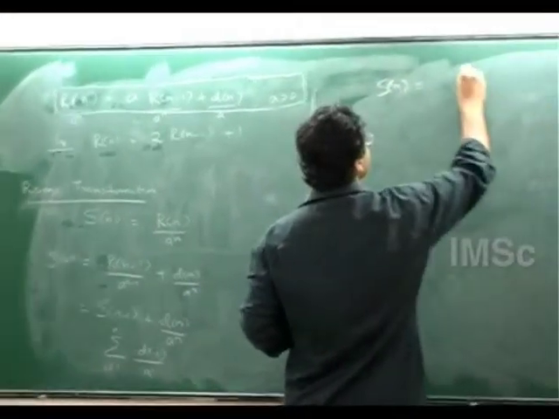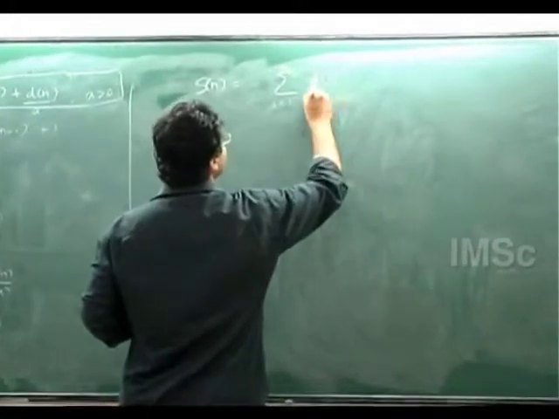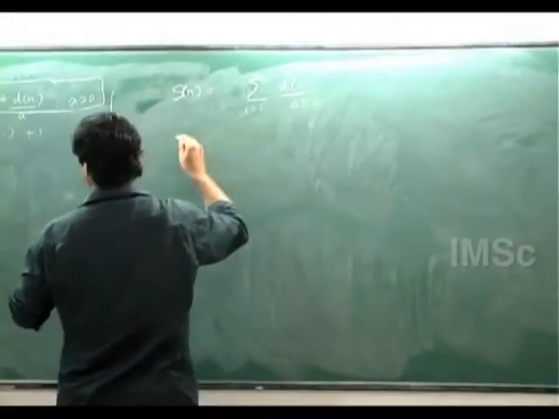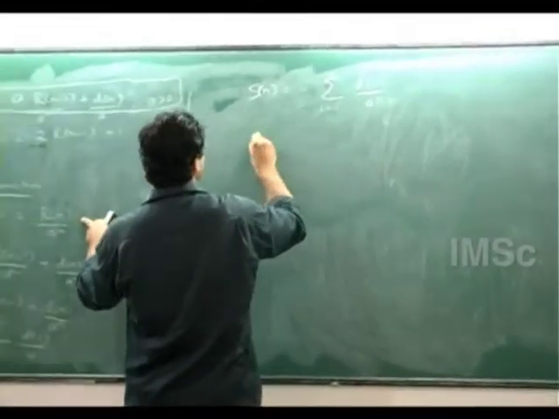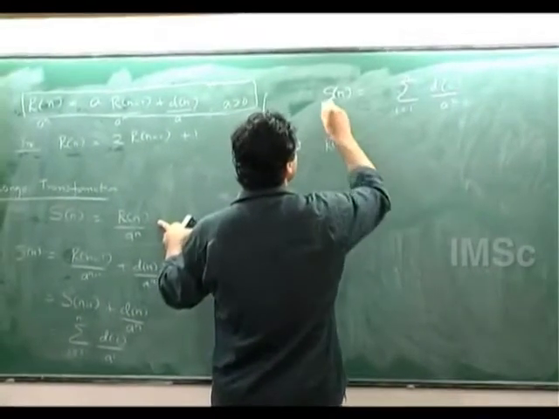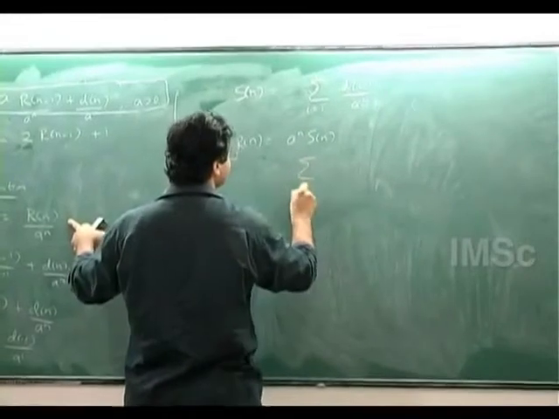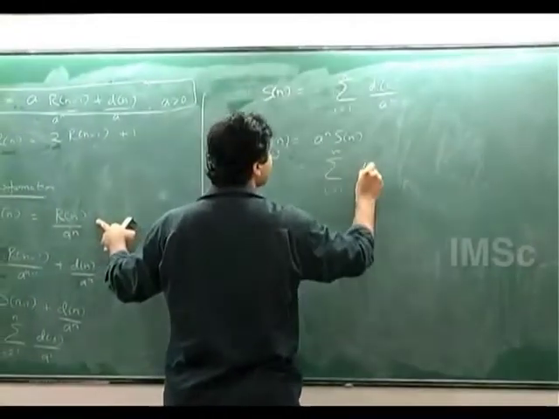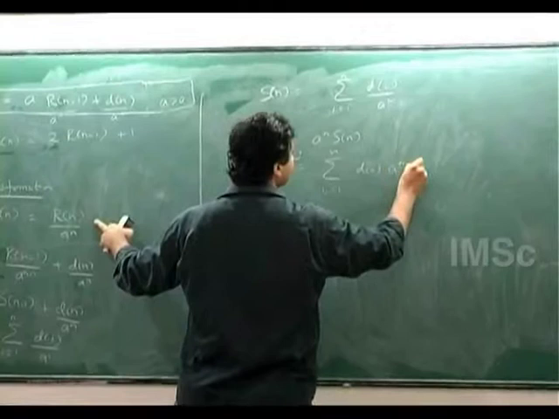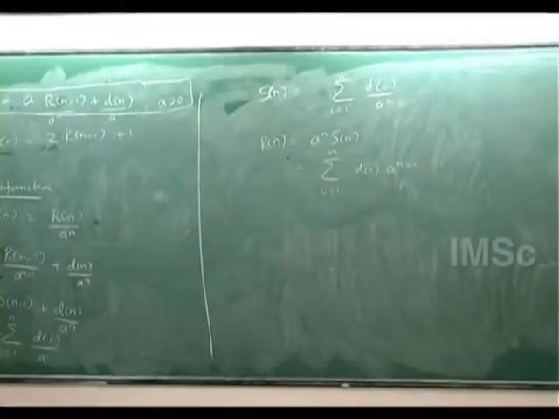So from the definition I get that Rn is a raised to n times S of n, which is just the sum of di a raised to n minus I.